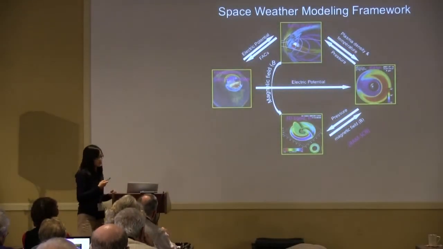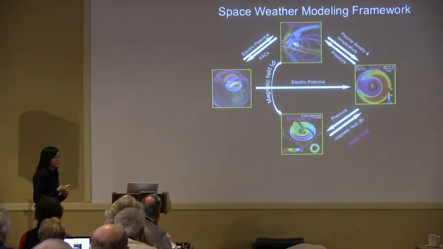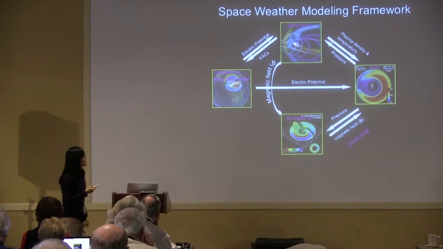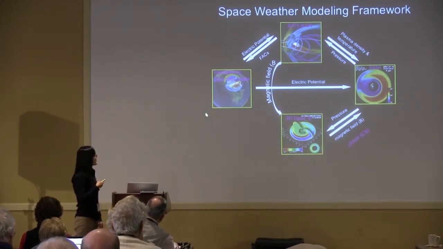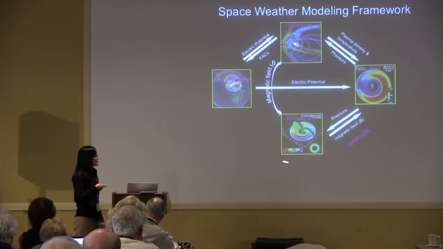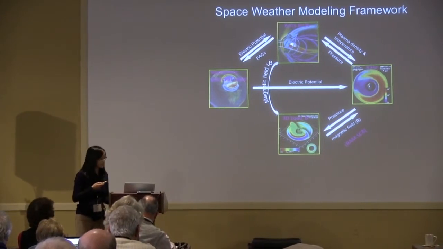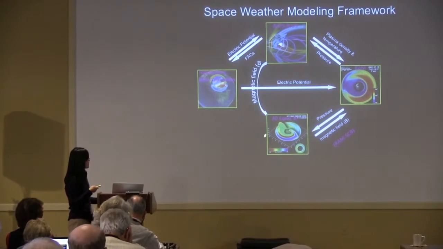We are going to use the Space Weather Modeling Framework to model this event. This framework has the basic modules that are necessary for near-Earth physics. We have the MHD model, BATS-R-US, the ionospheric potential solver, and also the inner magnetosphere model, RAM-SCB, as Vanya just mentioned. RAM-SCB has two components.